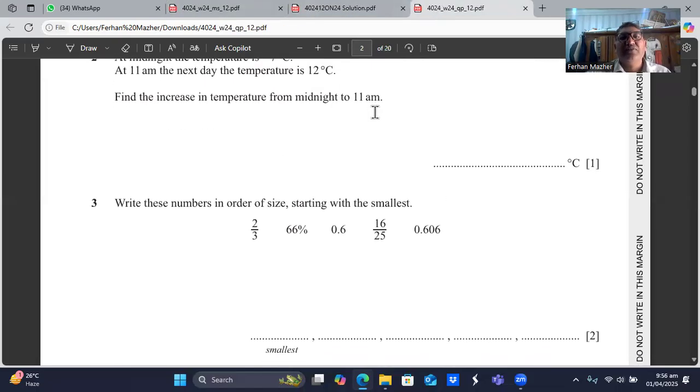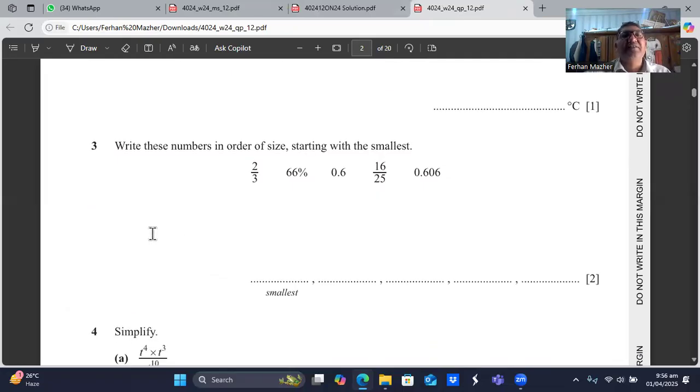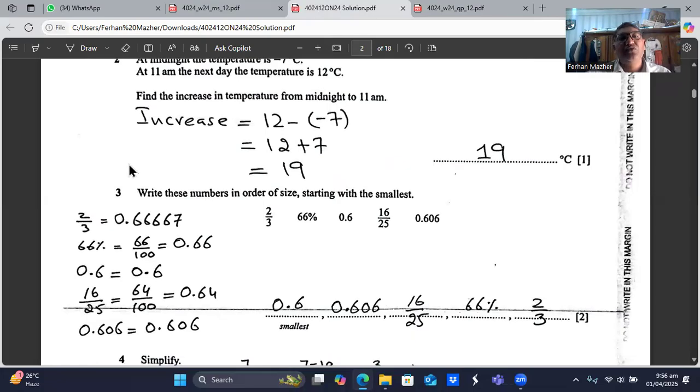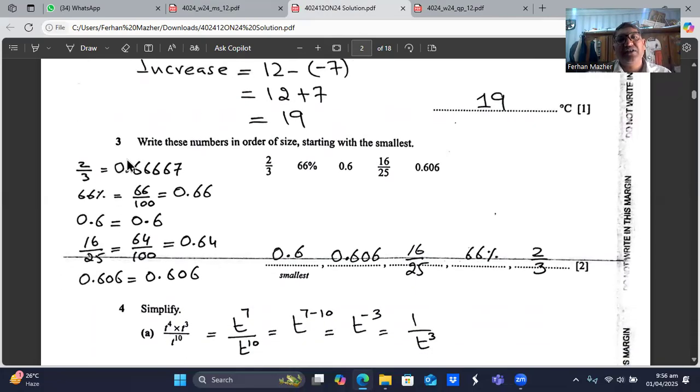Okay, question number 3. He says, write these numbers in order of size, starting with the smallest. So I will convert them either into decimal fractions or fractions which have the same denominator, and then I will be able to compare with each other.